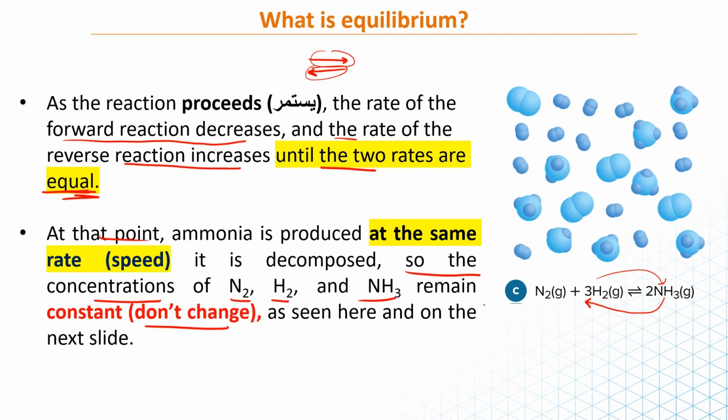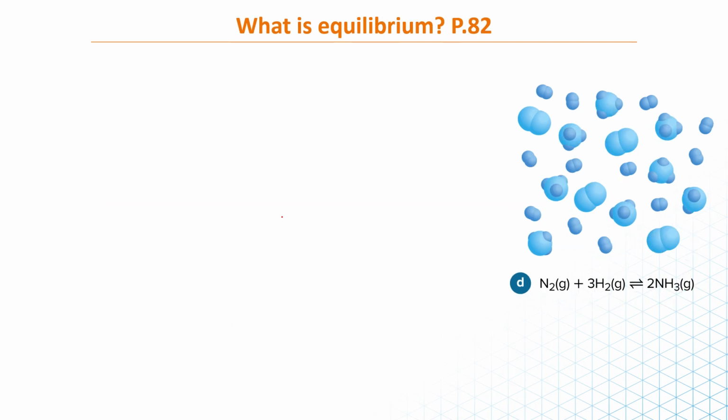They don't change. Because if I'm making 5 of ammonia, the same 5 are going to make these reactants. So I'm not changing the concentration of ammonia anymore. ما قاعد أغير في كمية الأمونيا أبدا. ليش؟ لأن الكمية اللي قاعد أكونها هي نفسها الكمية اللي قاعدة تتفكك وتكون لي المتفاعلات، لأن سرعة التفاعل الأمامي صارت مساوية لسرعة التفاعل العكسي. Okay?